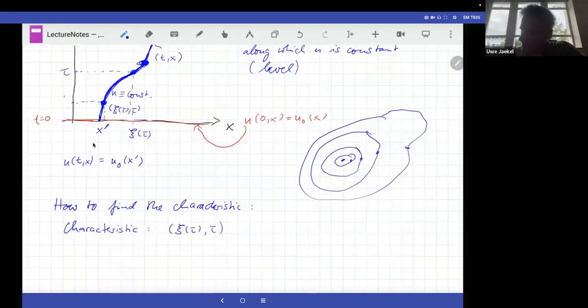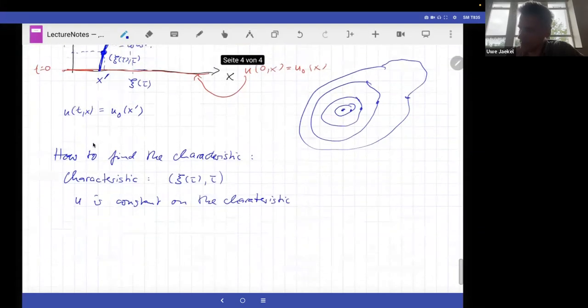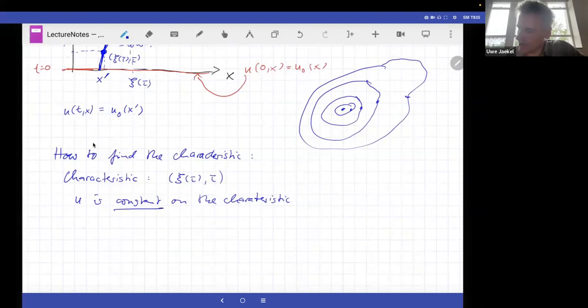And the defining condition is that u is constant on the characteristic. So u of psi of tau and tau is constant on the characteristic.